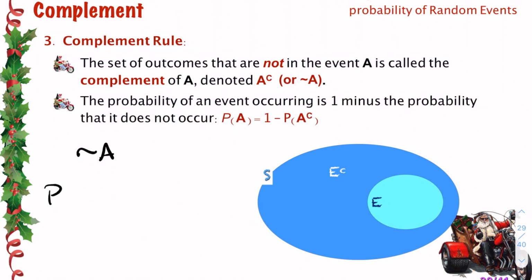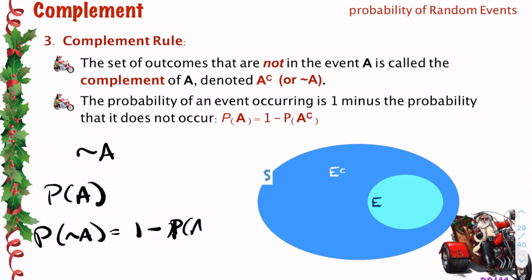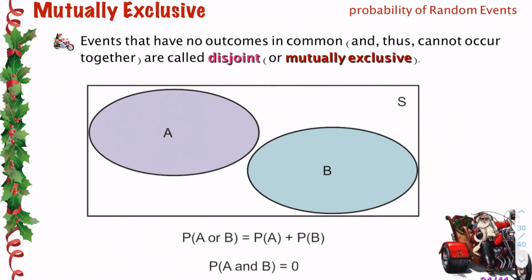So if we know the probability of A, then the probability of not A is 1 minus the probability of A happening. Oftentimes, it's easier to calculate complements than it is to find the big sum. Again, we will practice that.